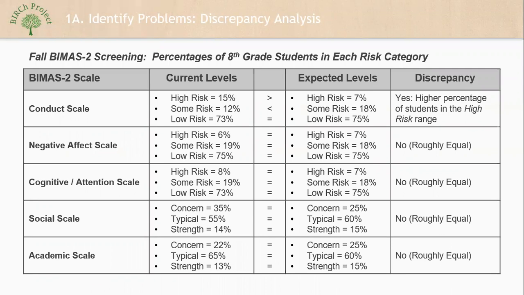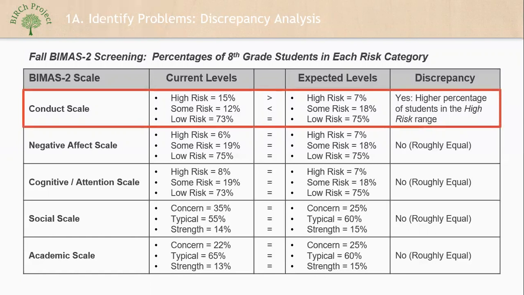In this particular example, in this slide, you can see that there are screening data for a fall screening using the BIMAS, which we used before. So we have 3 problem scales: conduct, negative affect, and cognitive attention. And then we have 2 adaptive scales, social and academic.